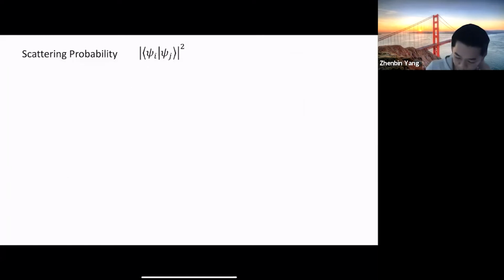And the second is that it can actually appear in physical processes that involve scattering probability. The scattering probability in this model is very closely related to the second Renyi entropy in the purity calculation, because the scattering probability is given by the overlap between two states taken as squared.